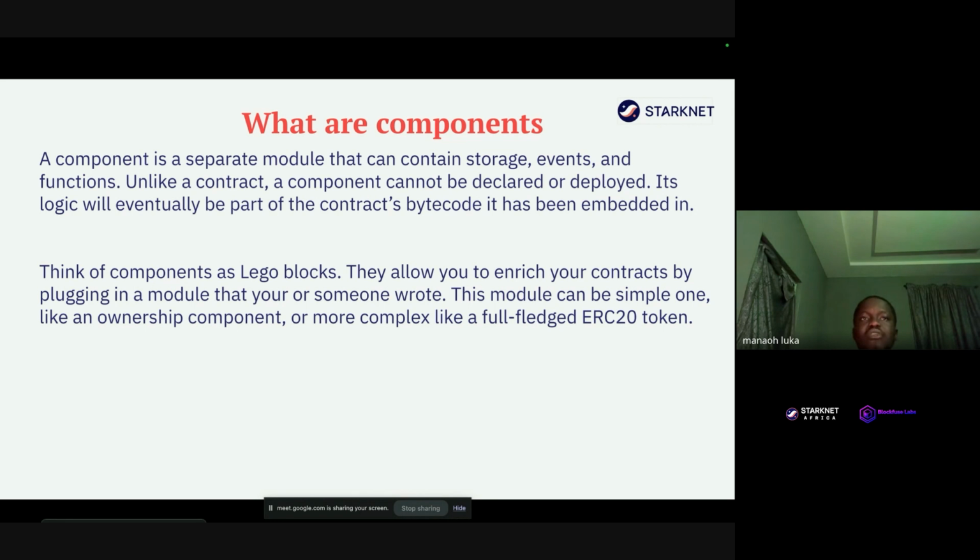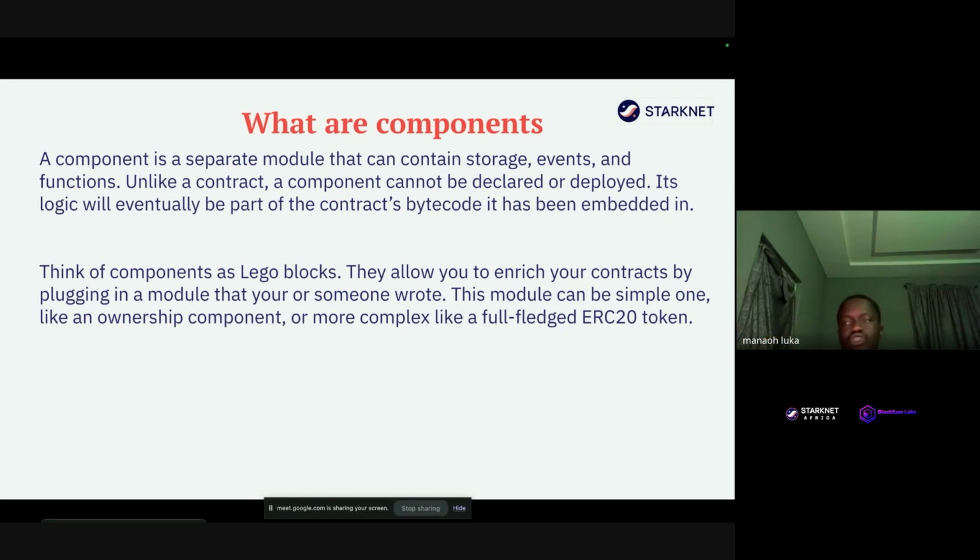Let's say your smart contract is going to be implementing a token that you are going to be creating. You can choose to create that token as a particular component and then plug it into your smart contract. So you write the logic for the ERC20, where you have the transfer from and everything.